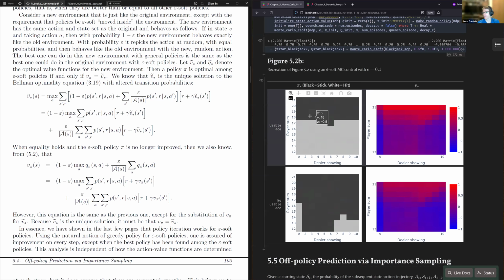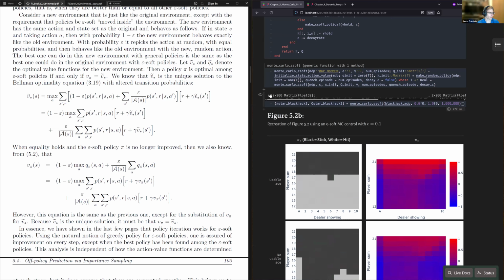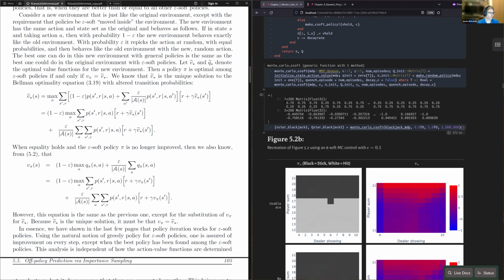Oh, because of the way I'm calculating this plot, this matrix is actually what the policy is. So you can see now that these probabilities are meeting the constraint of the 0.5 epsilon.